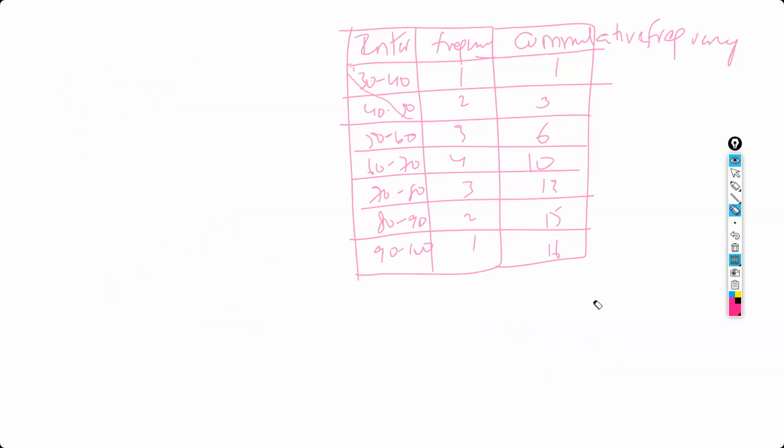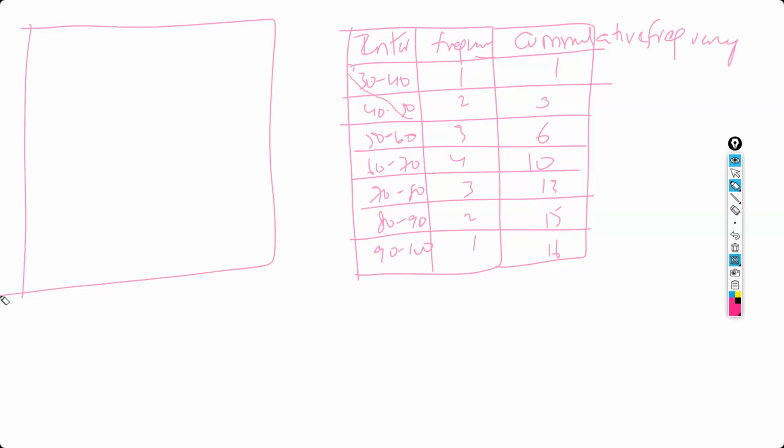Draw one more table. In that table, I want the probability. Interval along with the probability. I want the probability table, guys. Draw the probability table for the marks, separately. Simply write 1 by 16. No need to calculate the decimal.